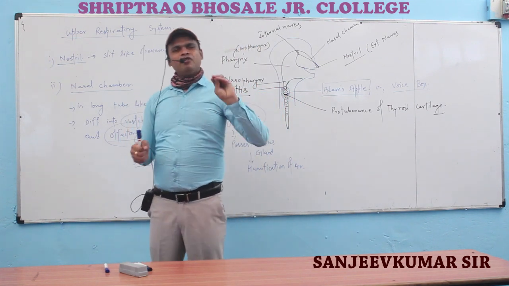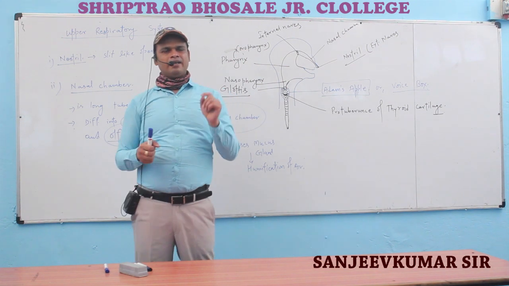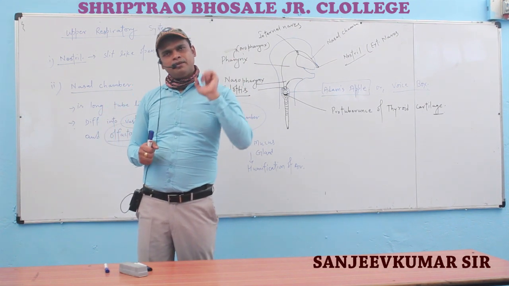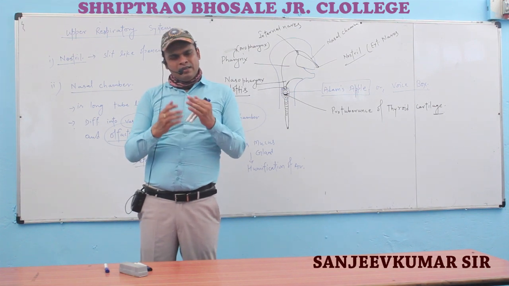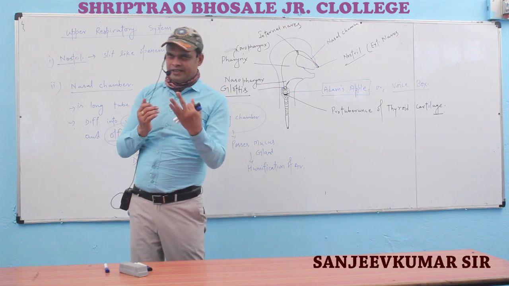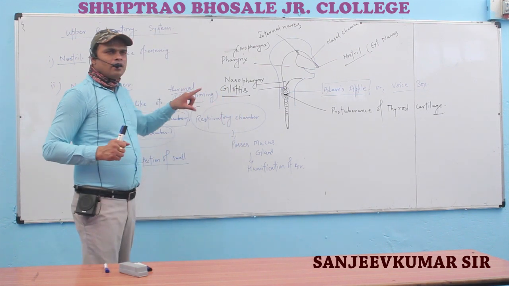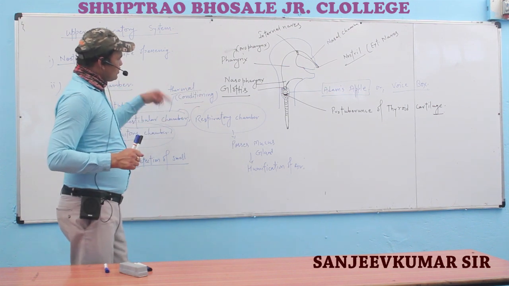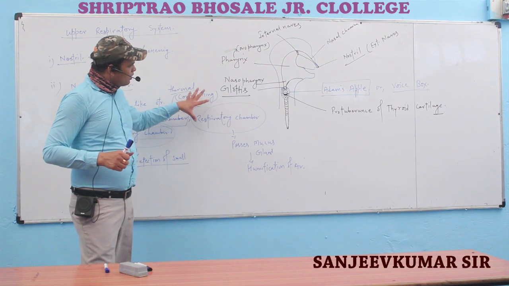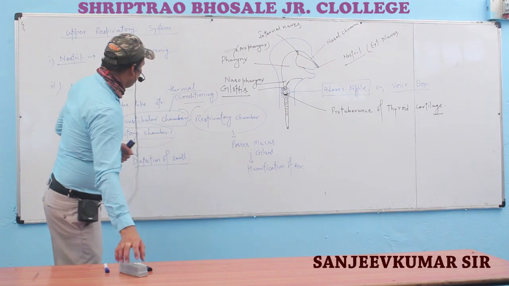For this, the air must travel in close contact with the blood, so that the air either gains heat or loses heat, and it adjusts up to the body temperature.